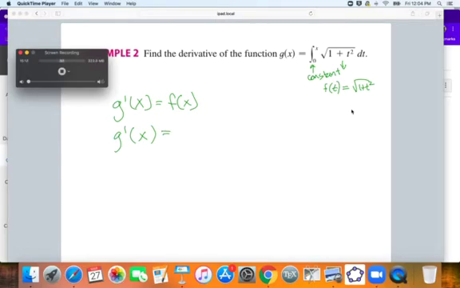So all I'm going to do is replace my t's with x's, so g prime of x is just root 1 plus x squared, and I'm done. So taking the derivative effectively just undoes the integral and leaves us with the integrand in terms of our input variable x.